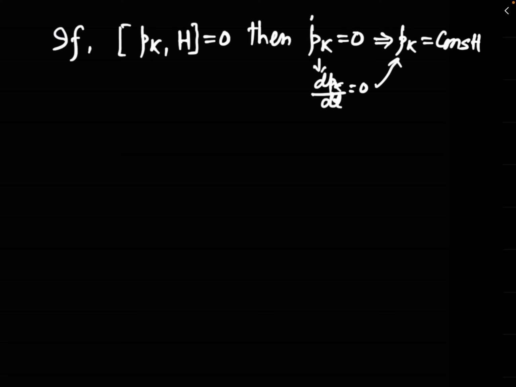And this conservation of linear momentum also implies that the corresponding coordinate is cyclic. When you have studied the concept of cyclic coordinate, you have seen if pk is equal to constant, which was denoted earlier by the symbol alpha, then its conjugate coordinate will be cyclic.